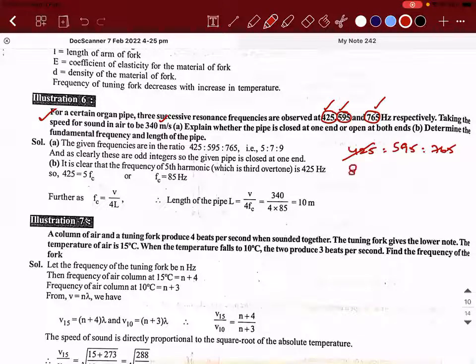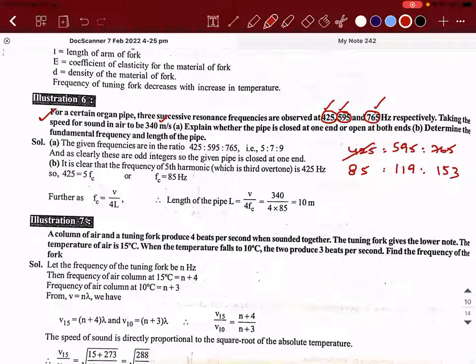So this will go 85 times, this will go 119 times, and this will go 153 times.